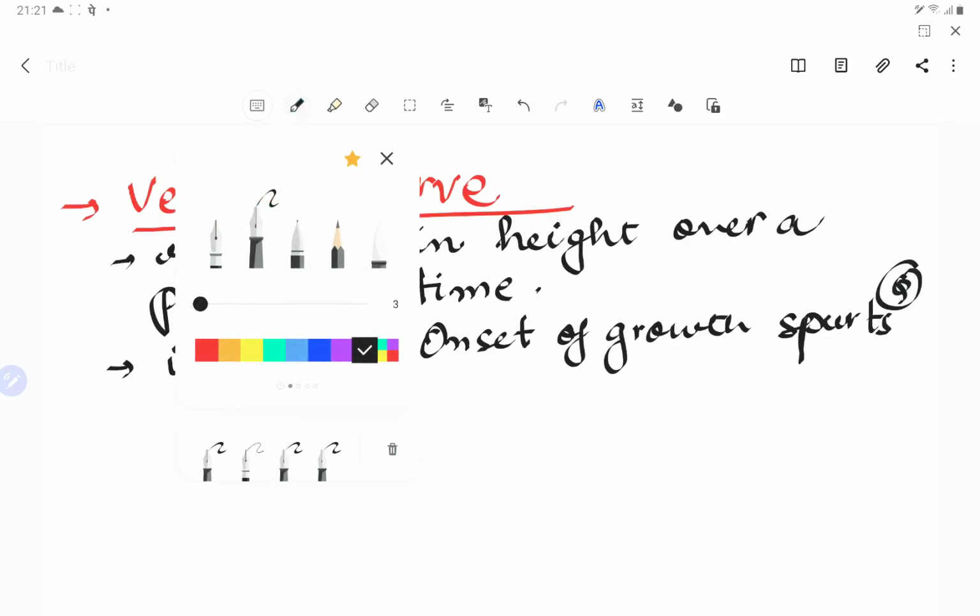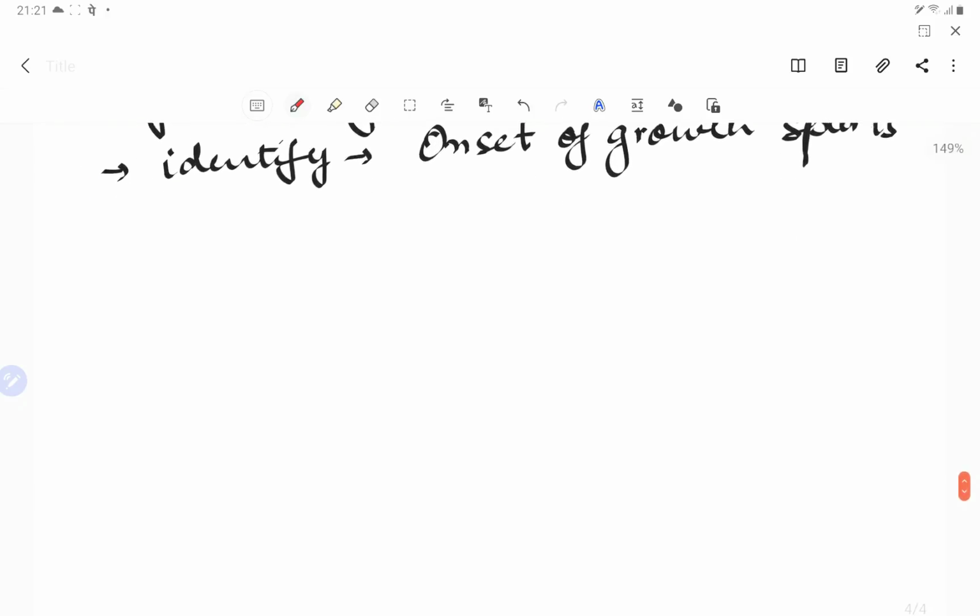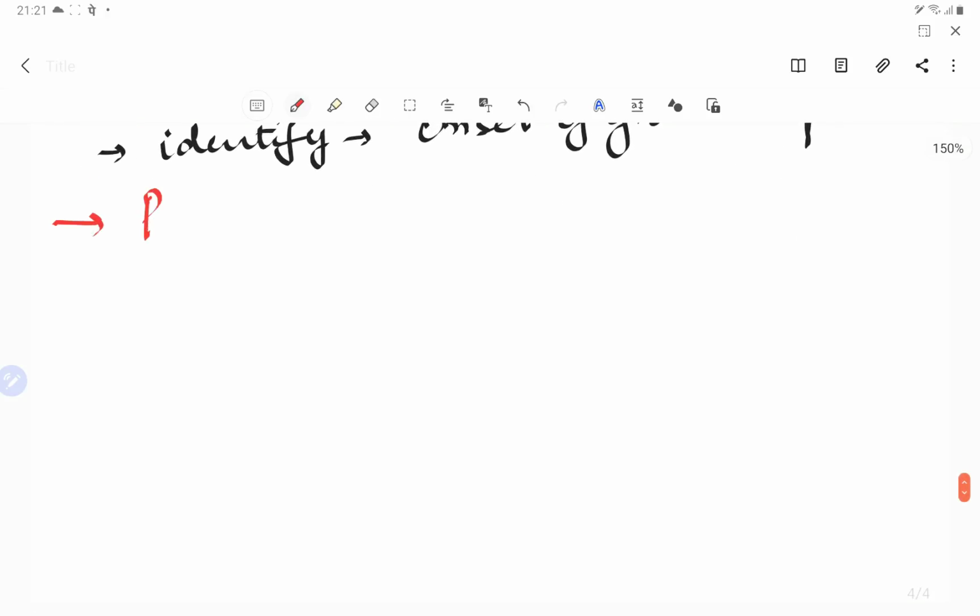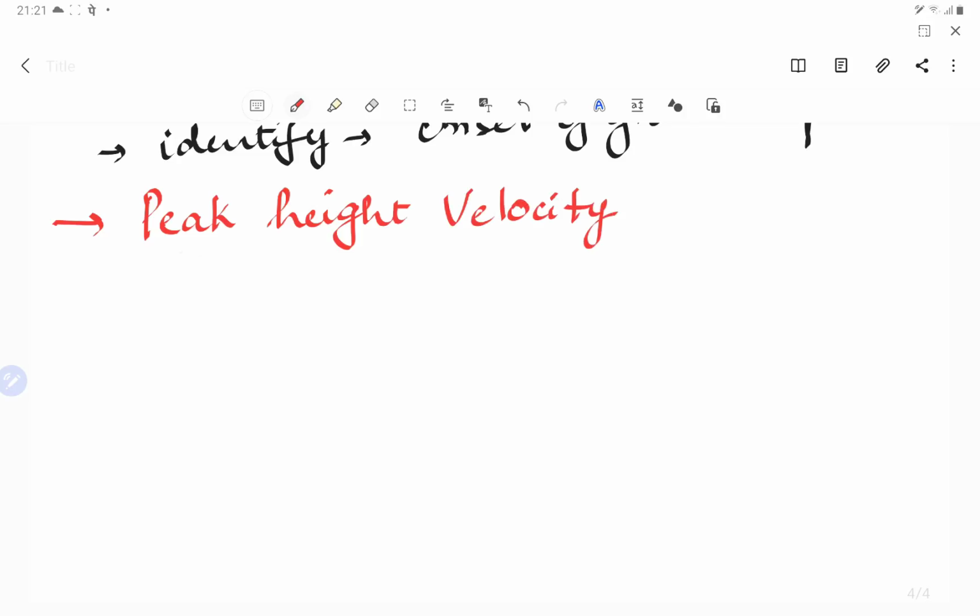Next term we have is the peak height velocity. As the name suggests, peak height means a child is going to have the maximum increase in height. So this is the maximum rate of gain of height.